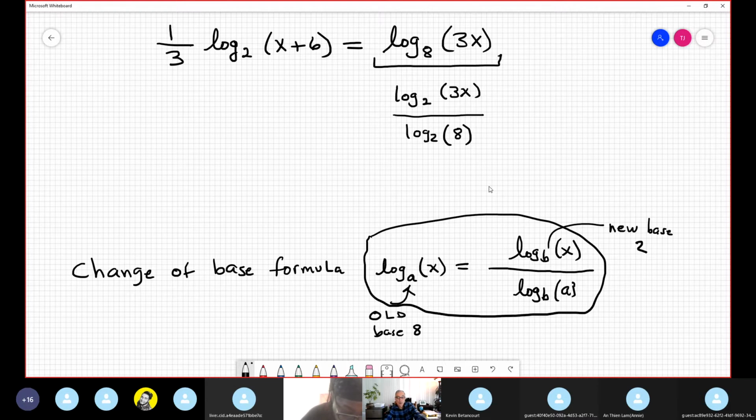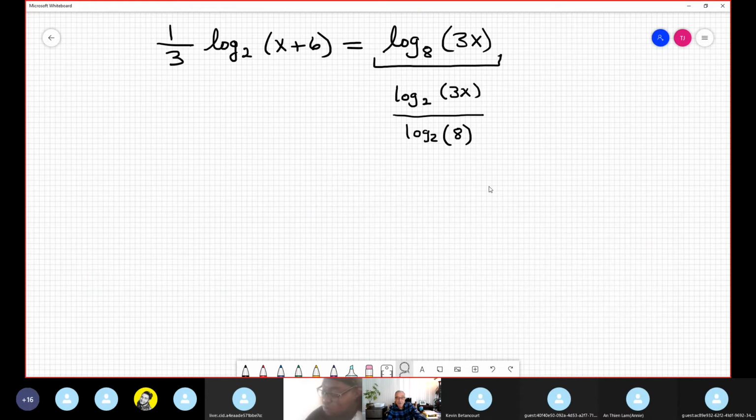Oh, perfect. I understand now. Okay, I apply the formula. Now I focus on the application of the formula. I need to compute logarithm base 2 of 8. We can use a calculator or do it by hand.